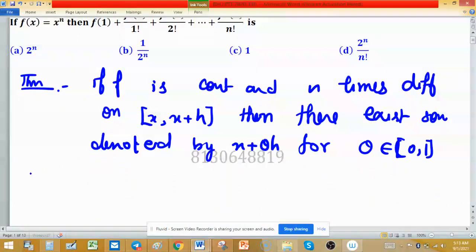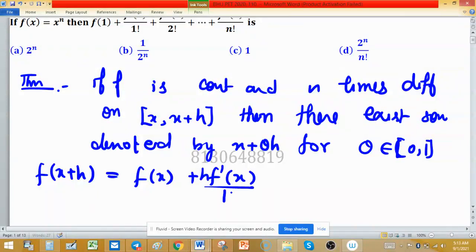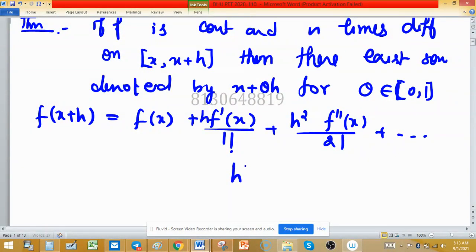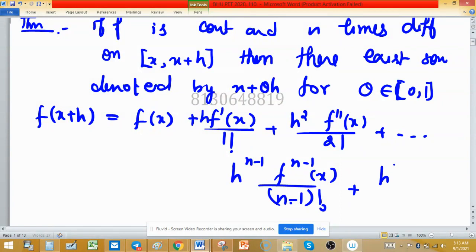I can write the function f(x plus h) equals f(x) plus h f'(x) upon 1 factorial plus h square f''(x) upon 2 factorial and so on up to h raised to the power n minus 1 f^(n minus 1)(x) upon n minus 1 factorial, and the last term is h raised to the power n upon n factorial f^n(x plus theta h).